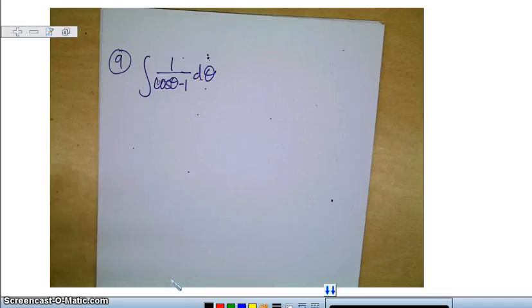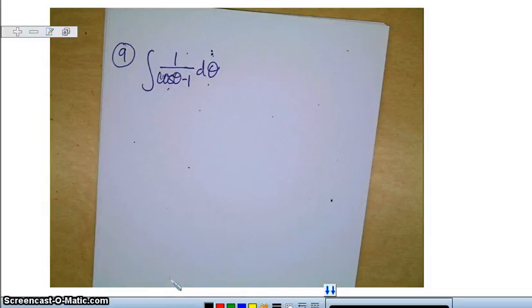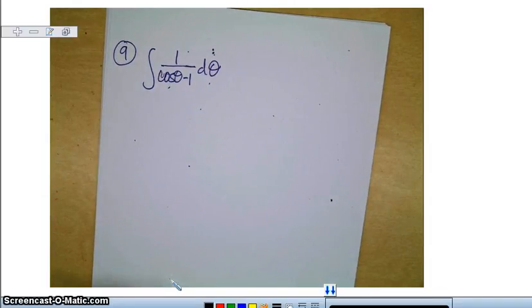You're going to get a negative sine of theta for your du, and you don't have that. Okay. And it would be nice if this were cosine squared theta, wouldn't it? Could we make it cosine squared theta? You can't just square it. Or we can multiply the top and bottom by cosine.